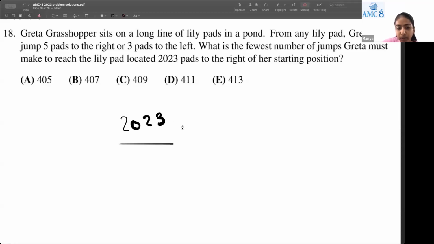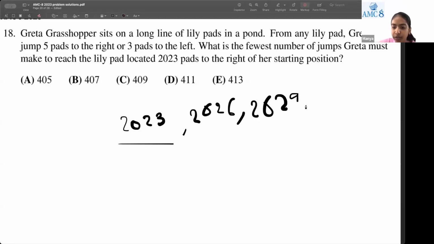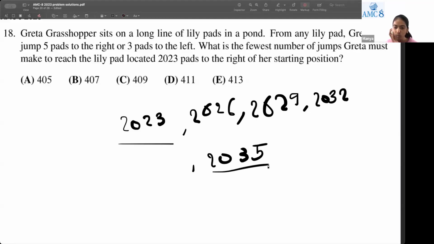And so we can keep adding 3 to this, and we're going to get 2026, 2029, sorry, 2032, and 2035. And when we reach 2035, we realize that it's divisible by 5, because this number ends with a 5.